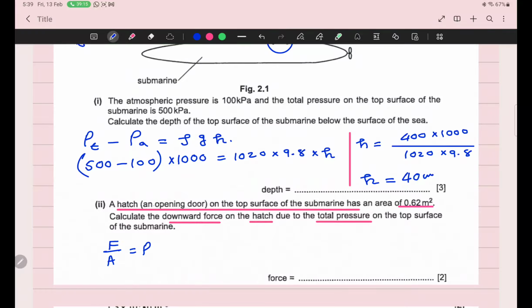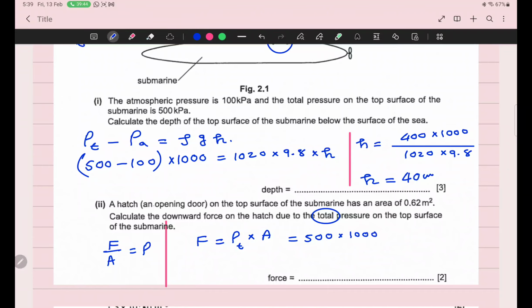If you are calculating force, then force is equal to pressure into area. Use the total pressure, because it is given. Total pressure is 500 kilopascal, and it is multiplied with area.